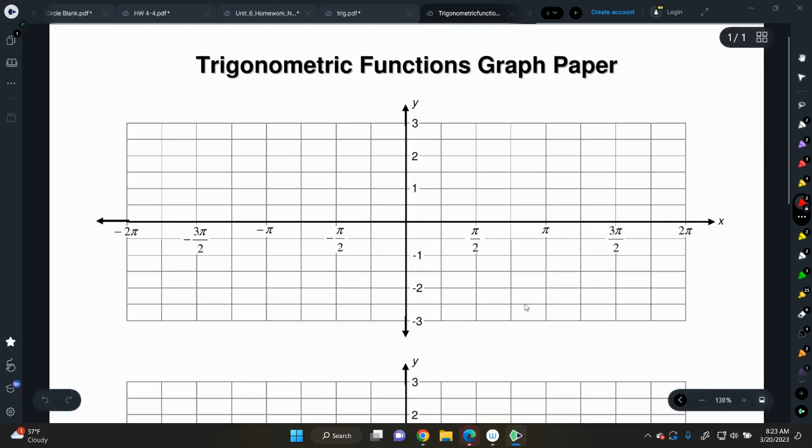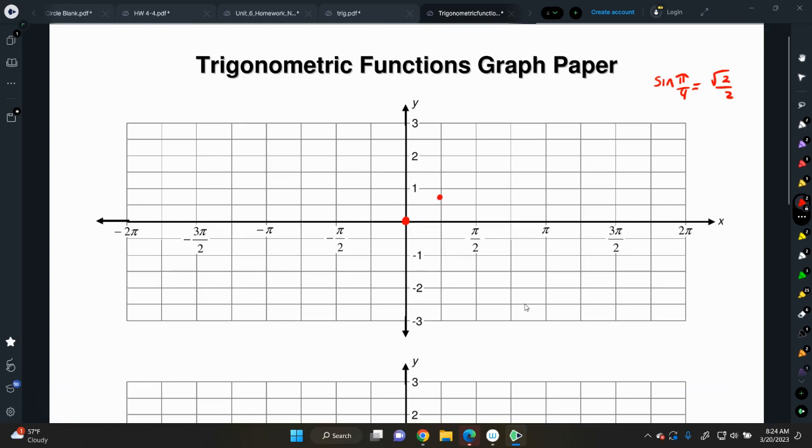Okay, so when x equals 0, what does sine equal? 0. Sine of 0 equals 0, right? When x equals pi over 4, what does y equal? The sine of pi over 4. What was the sine of pi over 4? Square root of 2 over 2, which is 0.71. So we're looking at right about there.